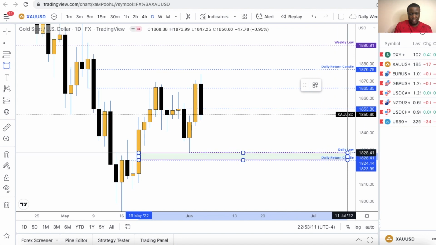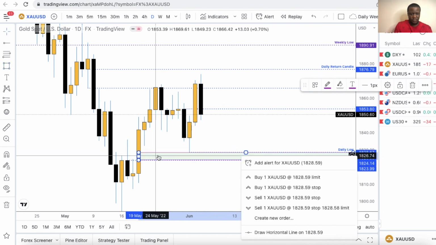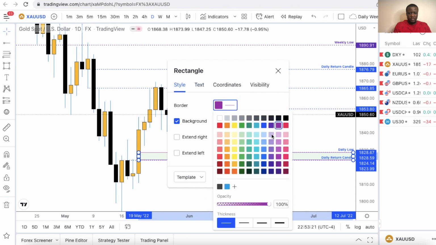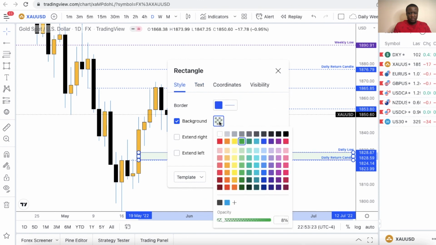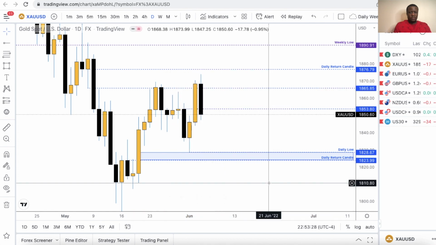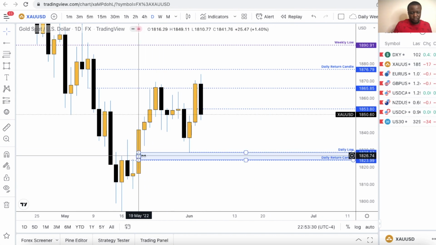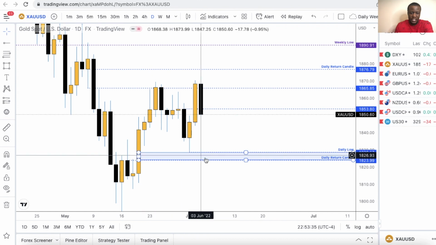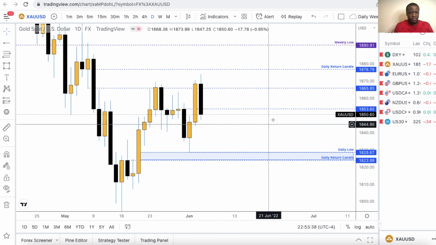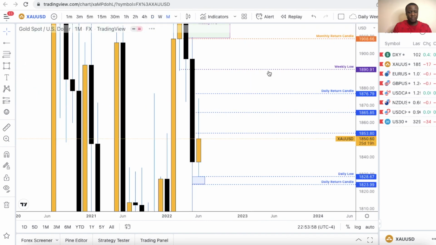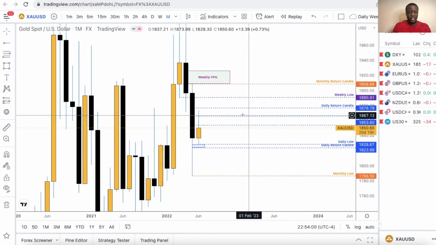So that's a fair value gap. Confluence with the daily return candle, so I could make this blue as well. So any blocks like this, any rectangle shapes like this, I know that there's a space that needs to be filled eventually at some point.